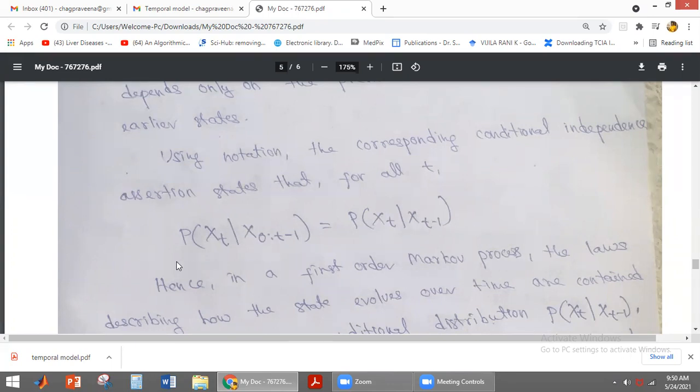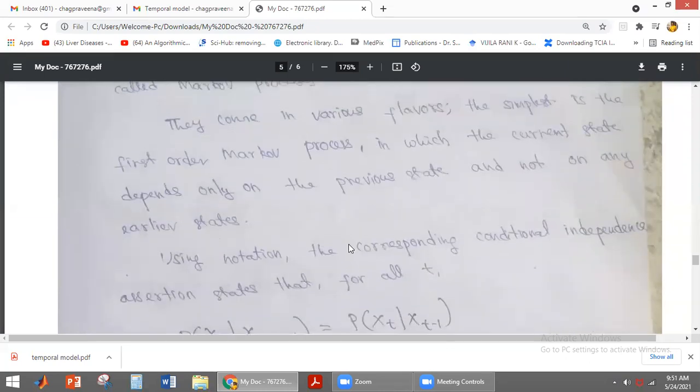In general, the current state depends upon all its previous states, the history of evidences. So the current state of the patient depends upon the history of evidences. Here, instead of taking the history of evidences, we are taking only the previous state. That is called a first order Markov process.